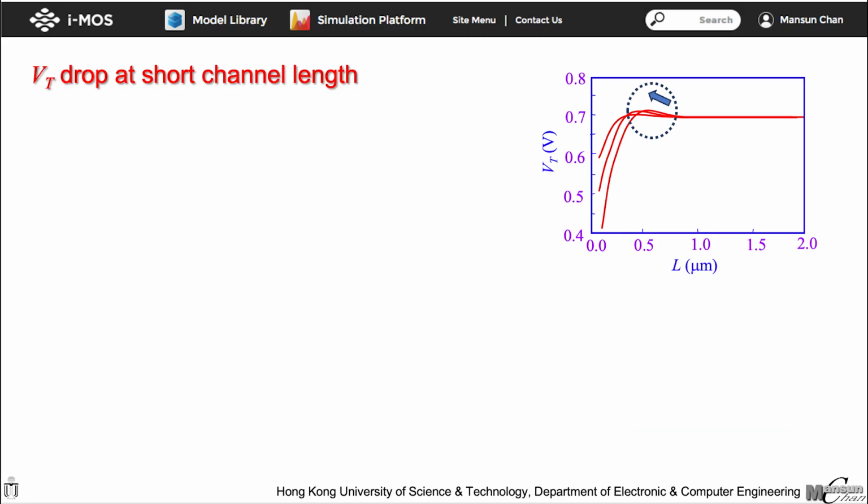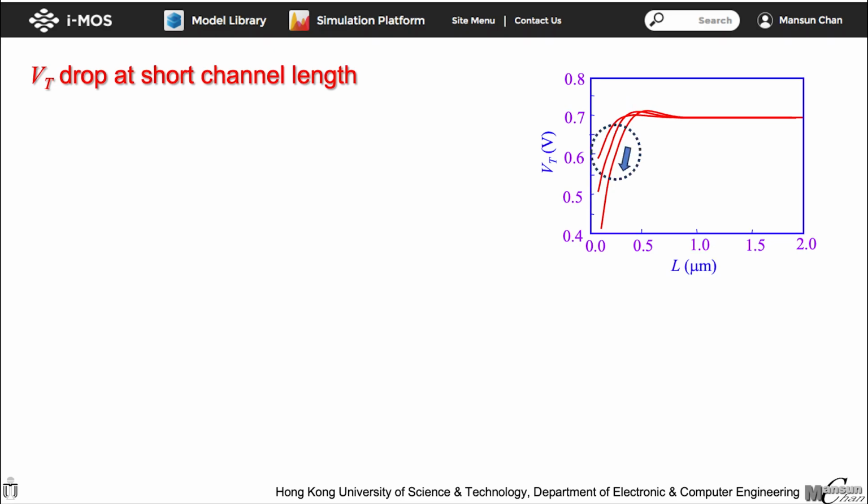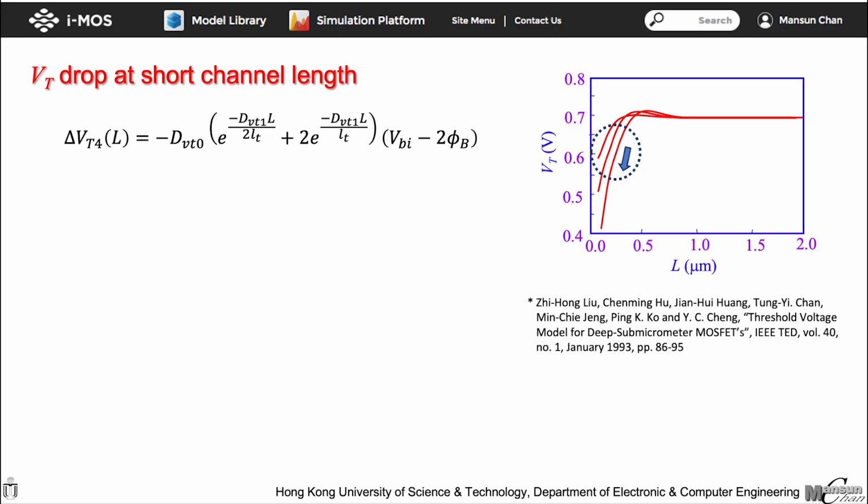After addressing the VT increase due to reverse short channel effects, we now need to consider the VT drop at even smaller channel lengths. To do this, we introduce another incremental term, delta VT4, defined by the expression provided here. I will not go into the derivation of delta VT4, as it is not the main focus of this presentation. If you are interested, you can refer to the following paper yourself.